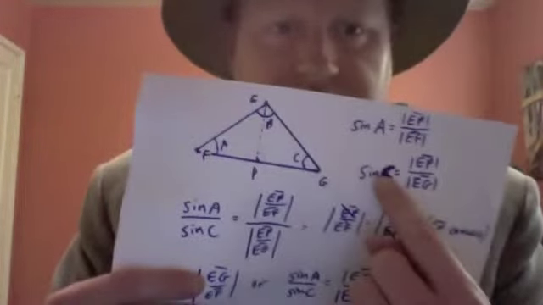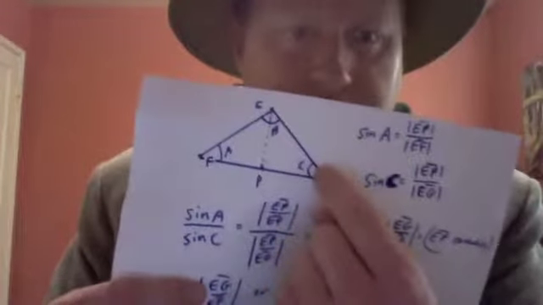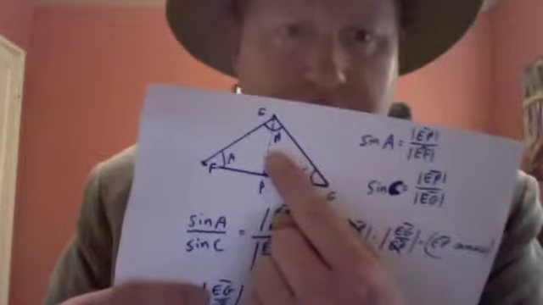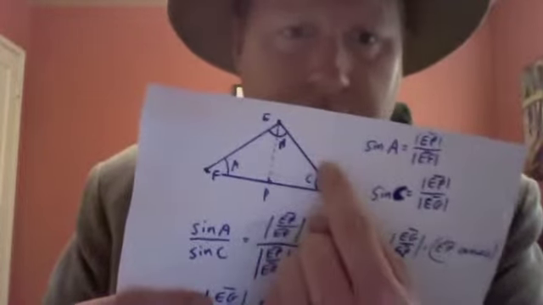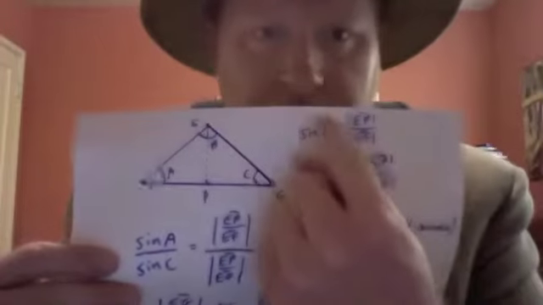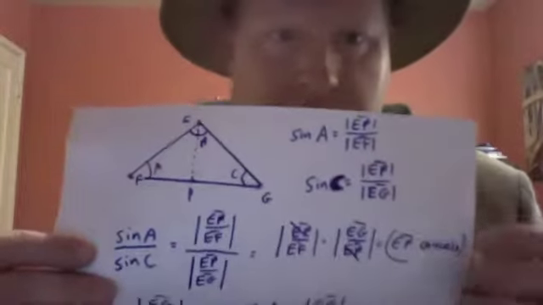And the sine of C is going to be EP over EG, because now I have C, the angle opposite over the hypotenuse. So I have sine A equal to EP over EF, and sine C equal to EP over EG.